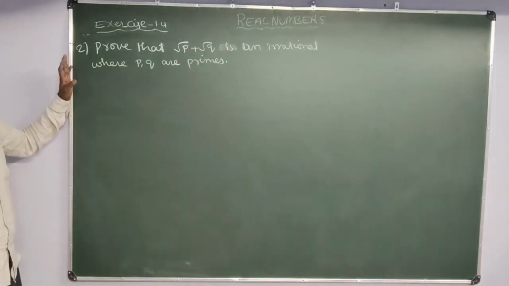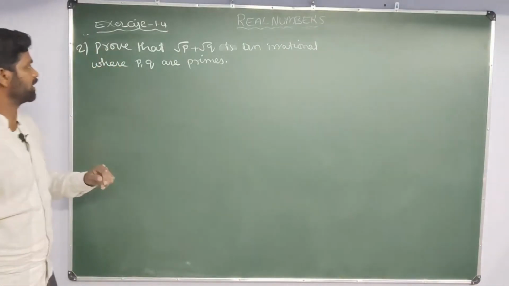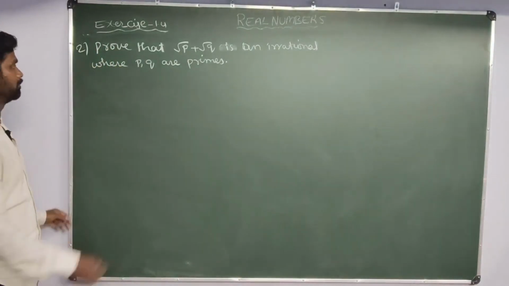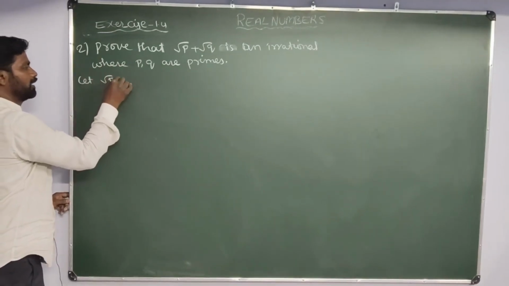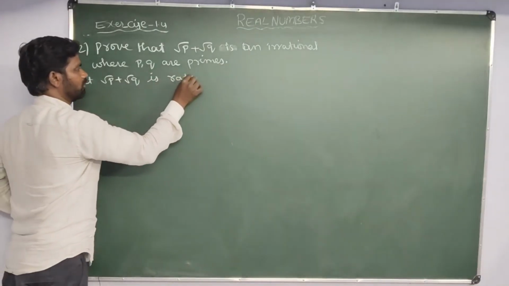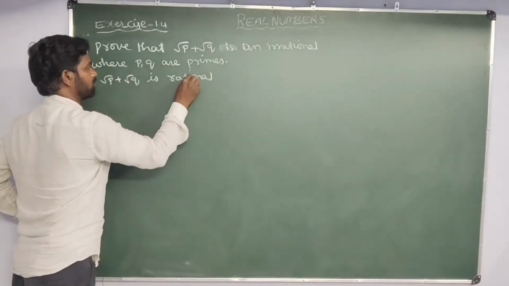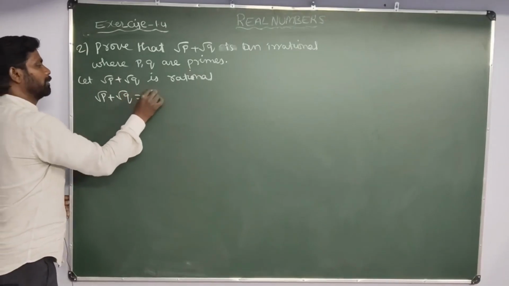Right, next question. Second one, prove that root p plus root q is irrational where p, q are primes. So let us follow the same method here. Let root p plus root q be rational. So if it is rational, according to the definition, root p plus root q is equal to a by b.